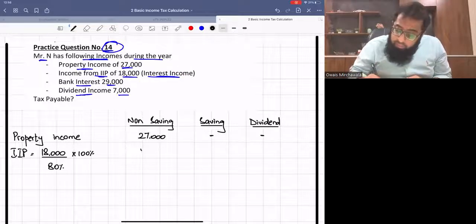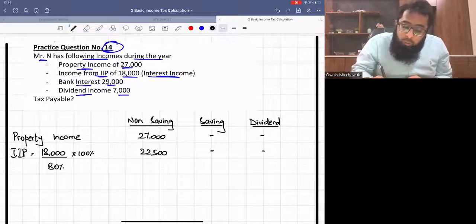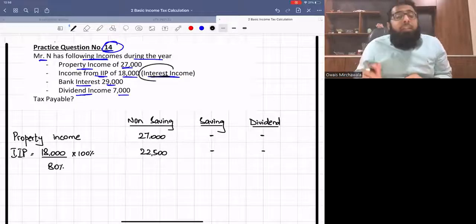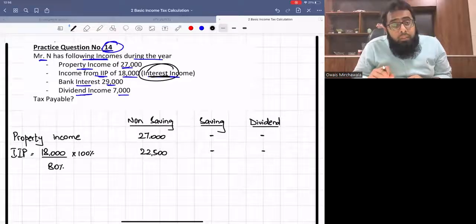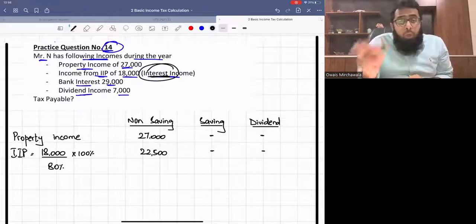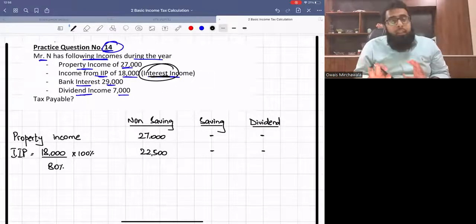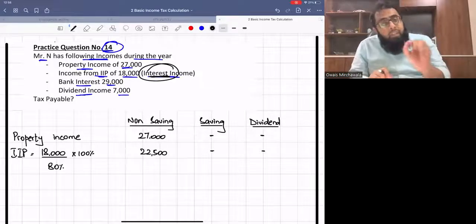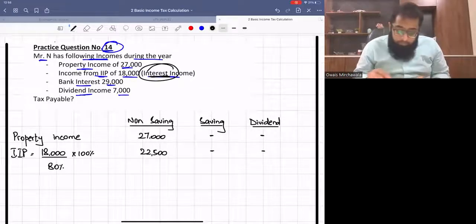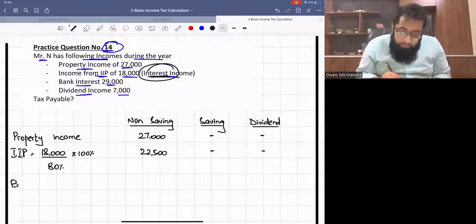So if someone is getting confused, he should revise that first. Now, you must get confused that, sir, it is earning from interest, but you are classifying it as non-saving. If IIP earns from non-saving or saving, in both cases, it goes in non-saving line. And withhold is 20%. Bank interest is 29,000.